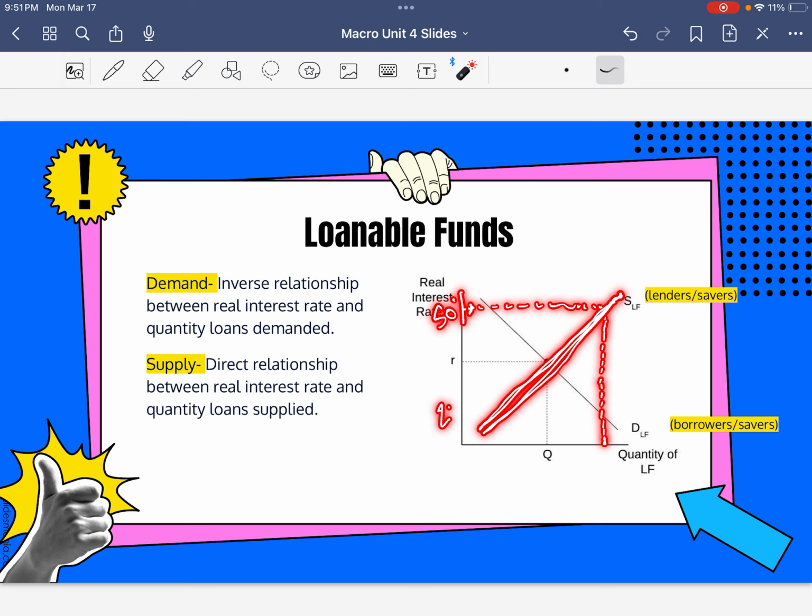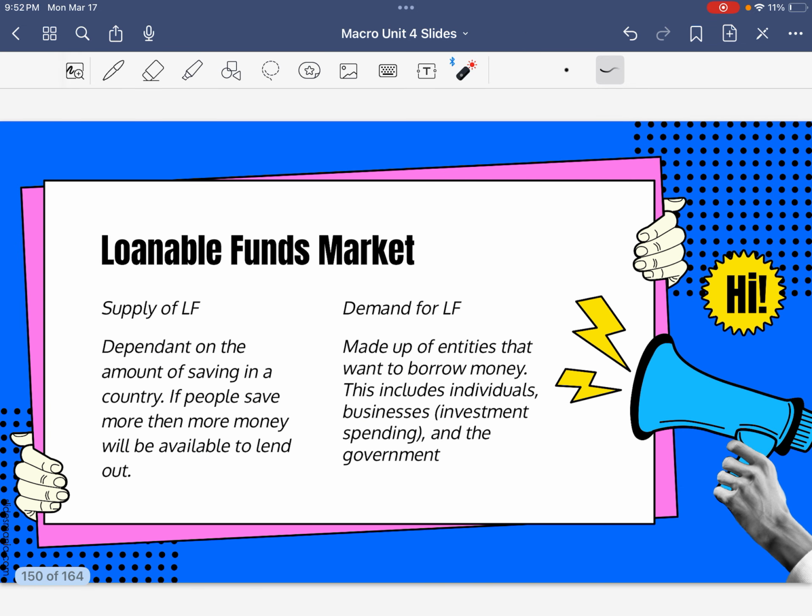If the interest rate was down here at like 2%, then the lenders would be a little bit less likely to loan out as many loanable funds, to supply as many loanable funds because they won't be making that large return. So that's what I mean by direct relationship. And the supply curve, we'll get to it here in a minute, is mostly lenders of money, okay?